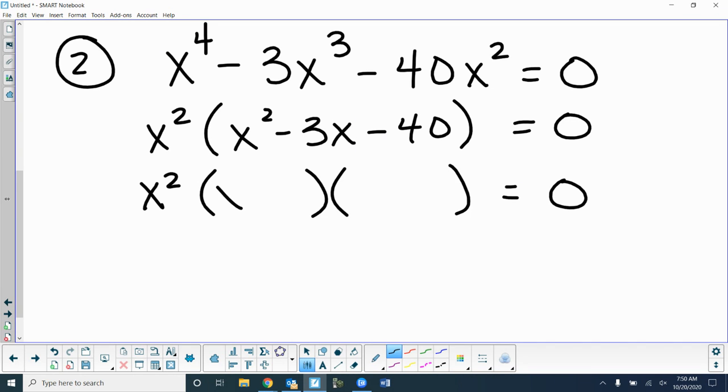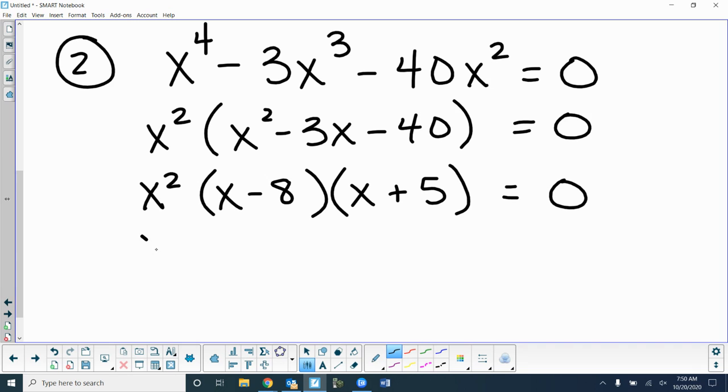So it's just x times x for the x squared. I'm looking for factors of negative 40 that add up to negative 3, which would be a negative 8 times a positive 5 is negative 40, and then negative 8 plus 5 is the negative 3.